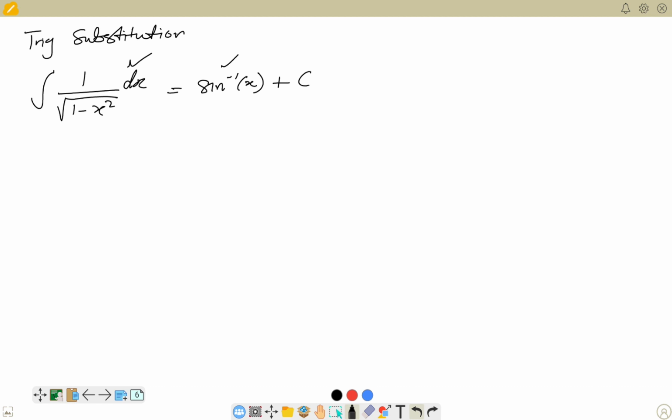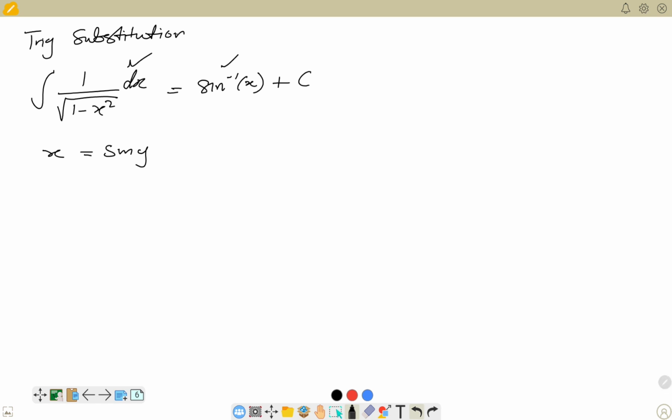If the question says prove, you'll just say x is equal to sine y.